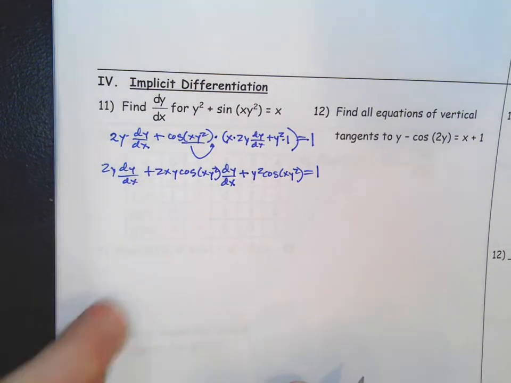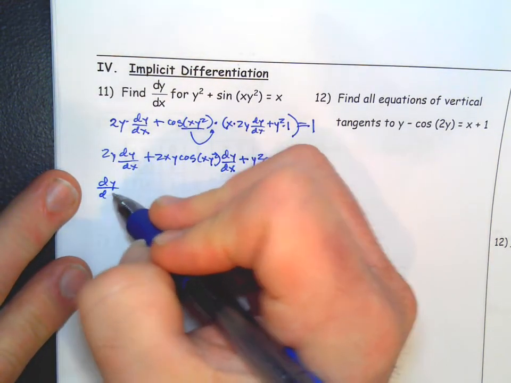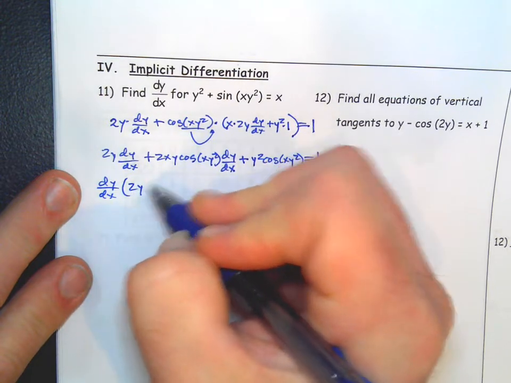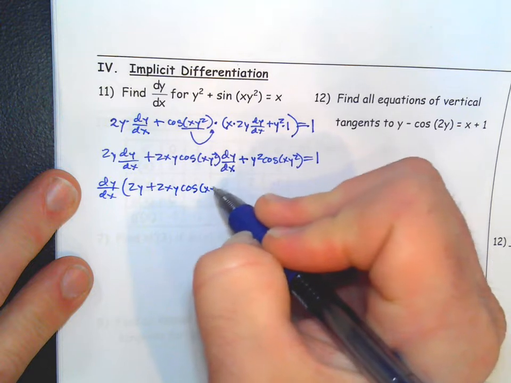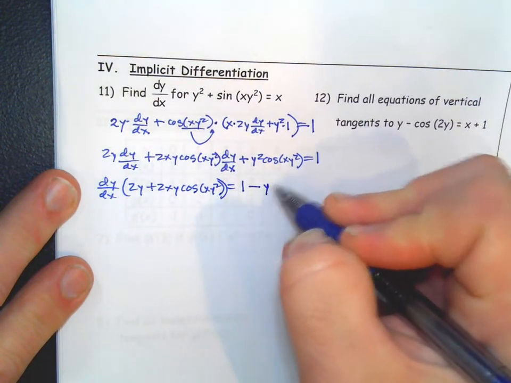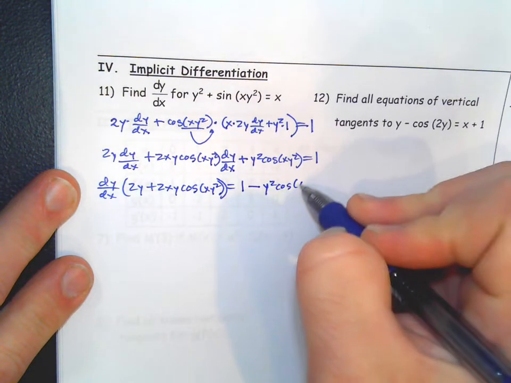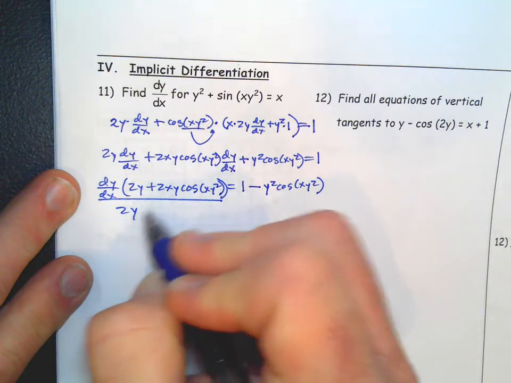So I just kind of simplify things. Now I want to solve for dy dx, so I need to factor it out of these two terms and then move the other non-dy dx terms to the other side, and then divide both sides by this.